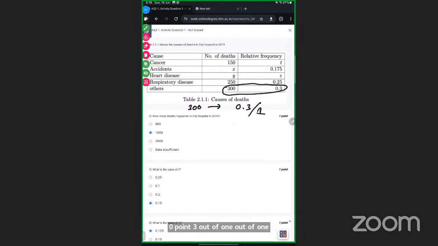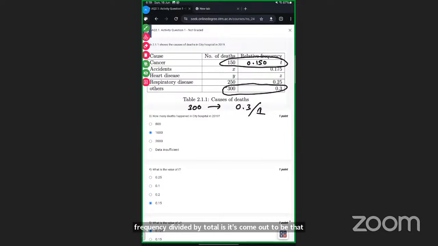So from this relation you can find something like this t. You can find that this t would be half of 0.3, right? That is 0.150. And we can find the total number of deaths from the last one, because the relative frequency states that frequency divided by total comes out to be the relative frequency.